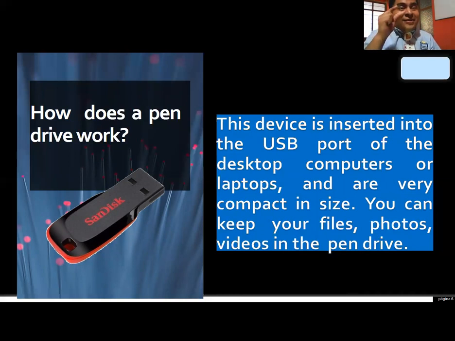This small device keeps important information. When you hook it into the computer, you will see different kinds of files, like videos, texts, or music too. So this is the function of a pen drive.